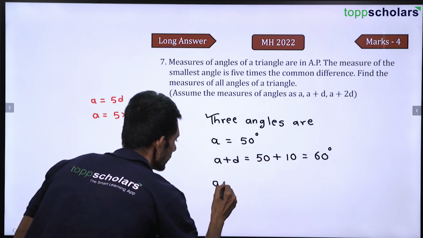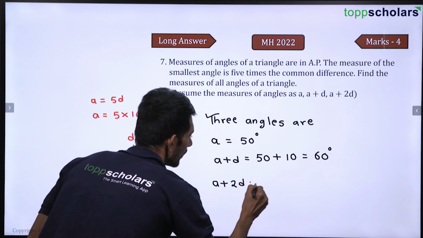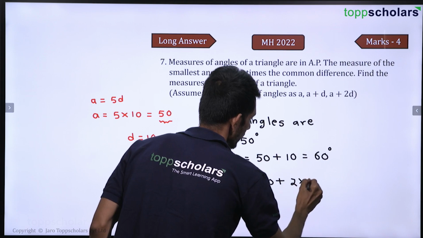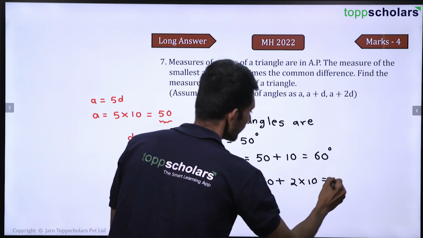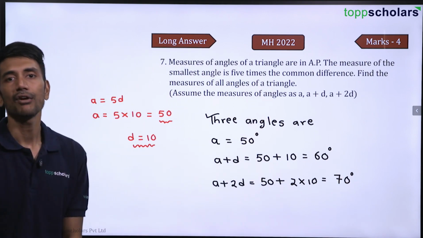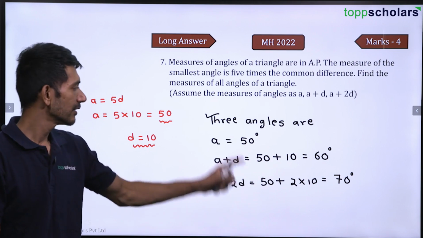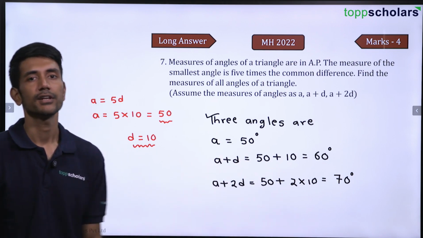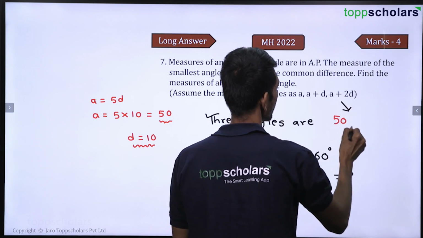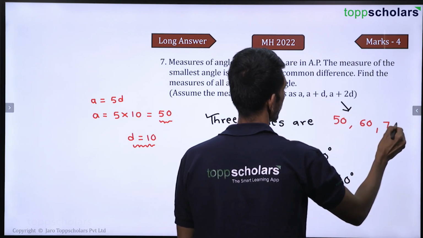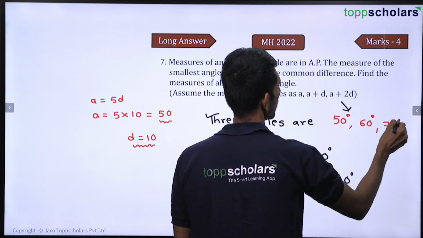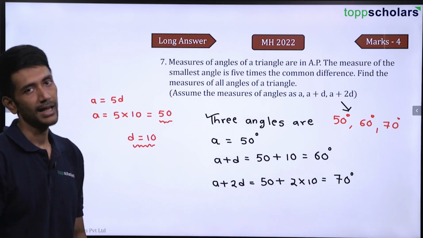And then A plus 2D, that is 50 plus 2 into 10. 2 into 10 is 20, 50 plus 20 is 70. So yes, we have found out that the three angles are 50 degrees, 60 degrees and 70 degrees respectively, right? The final answer is 50, 60 and 70, where 50 is the smallest angle, 70 is the largest angle.